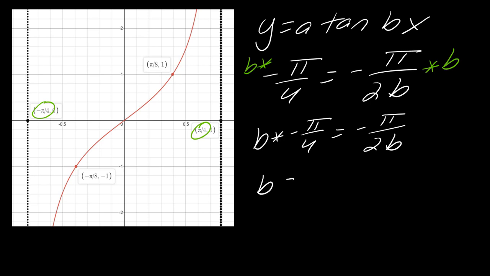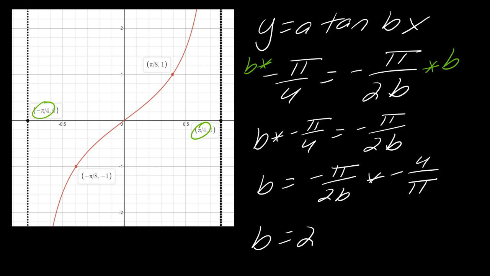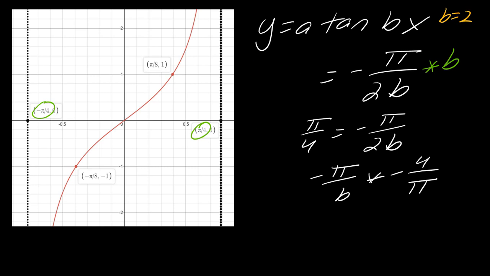And then to finish this, I get b equals negative pi over 2 times negative 4 over pi. And so if I solve that, I get that my b is equal to 2. Cool. So now I figured out what my b is. So let's see, I'll just note that here. b equals 2.